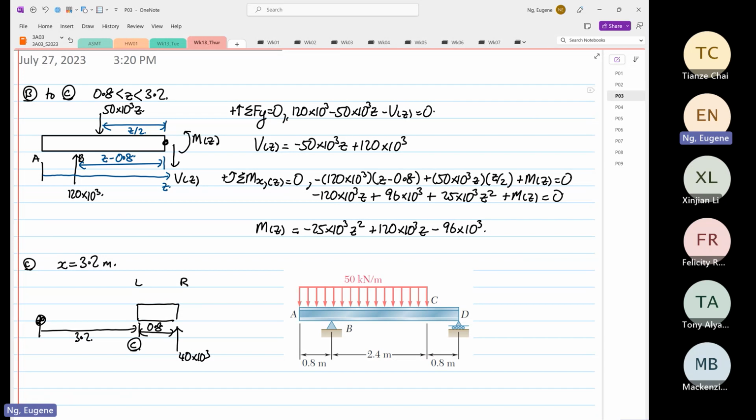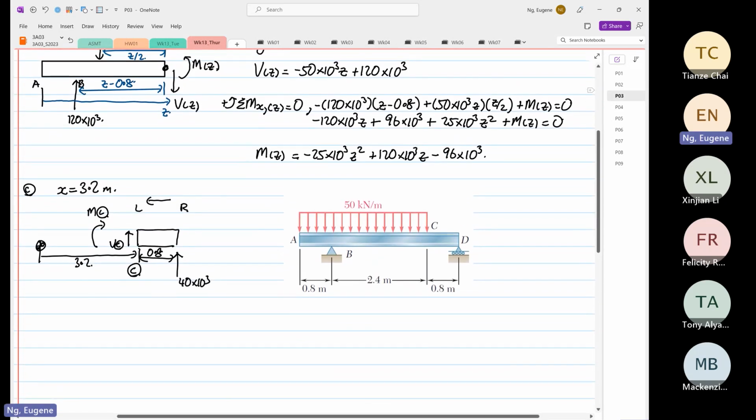And this is exactly at point C, right? So now when we analyze from right to left, the positive shear force is going up. So V at point C, and the moment now is going in a clockwise direction. Okay, so I'm going to write something out.